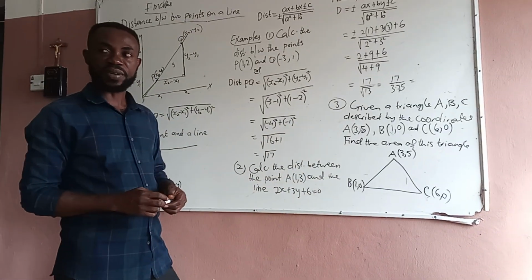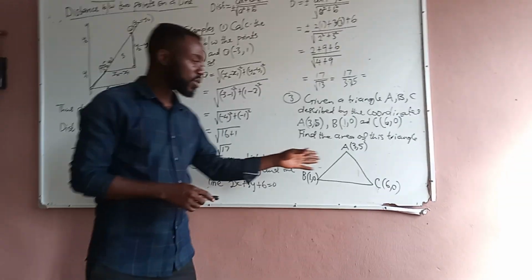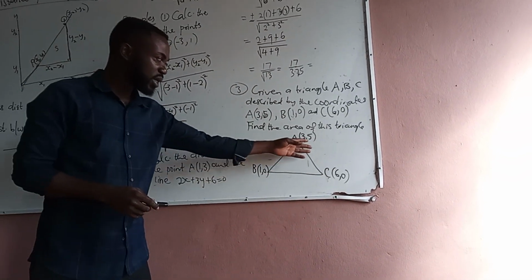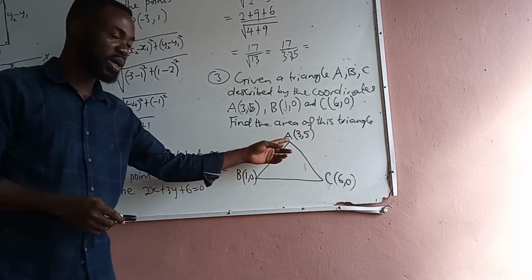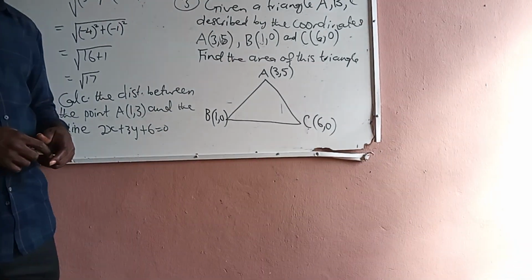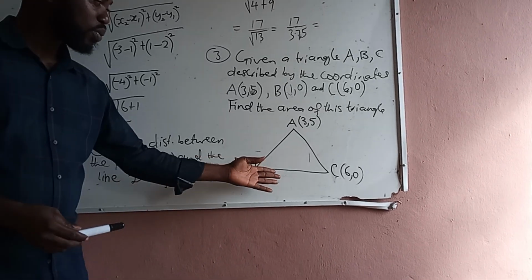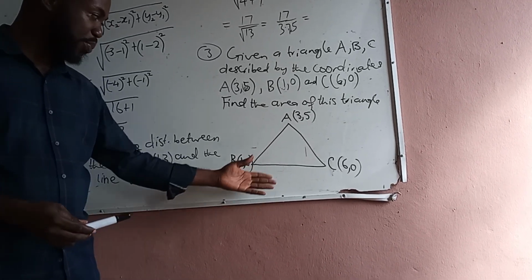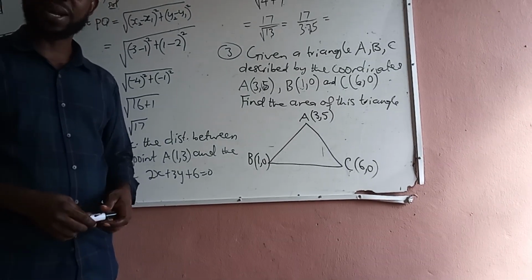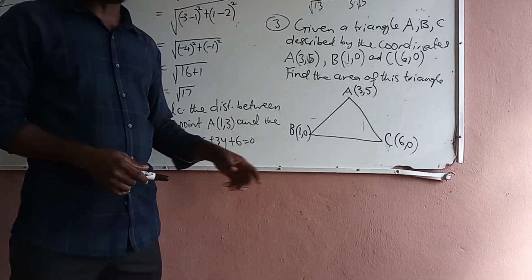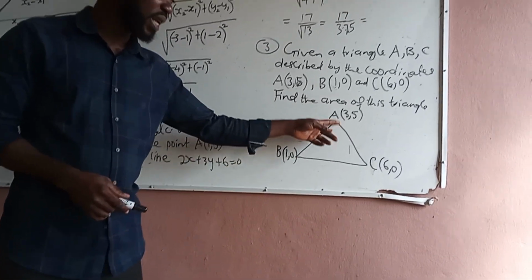Before we find the area of the triangle, we'll get the length of these lines, because these coordinates describe the points here, not only the length. For you to find the area of this triangle, you find the length of the line.